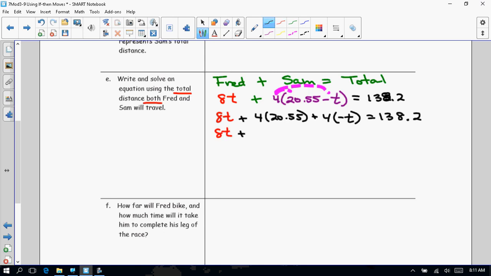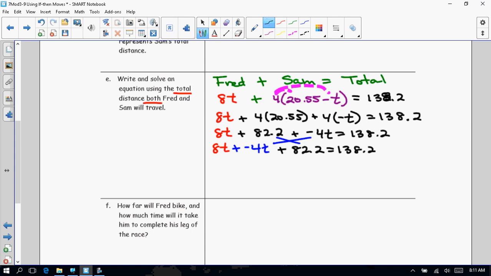All right, so I have 8t plus, this becomes 82.2 when you multiply that out, you can grab your calculator, plus negative 4t equals 138.2. Now I'm just going to change the order: 8t plus negative 4t plus 82.2 equals 138.2.